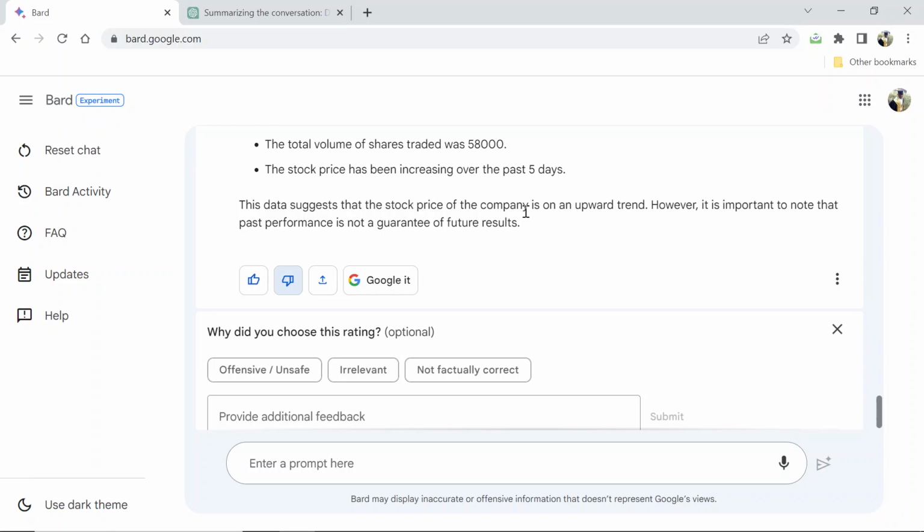Before asking questions to these chatbots, you need to have some limitation.